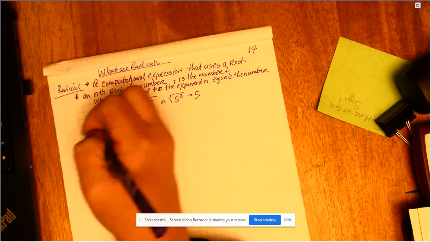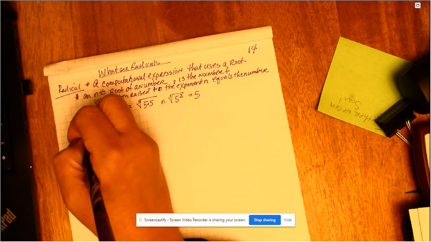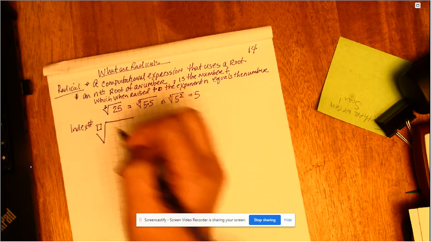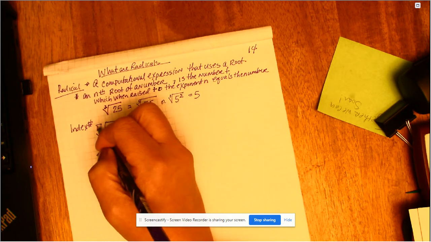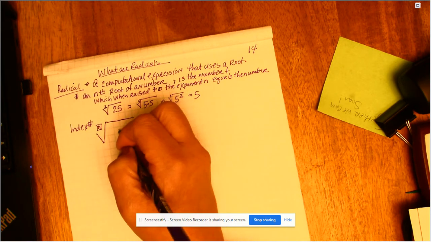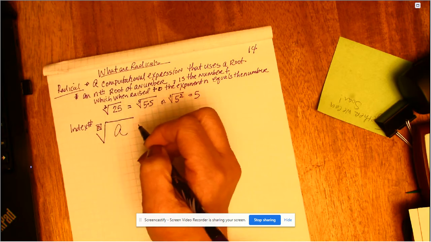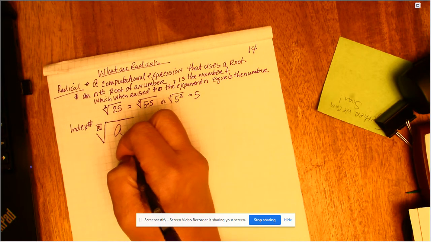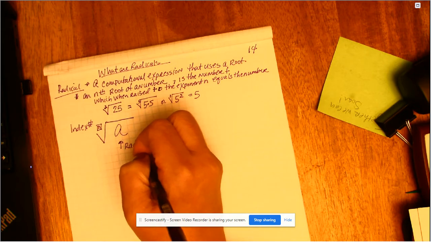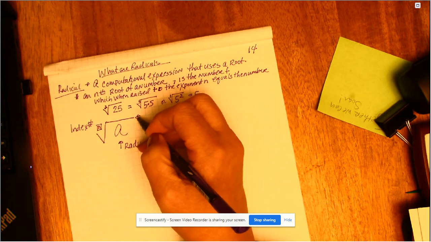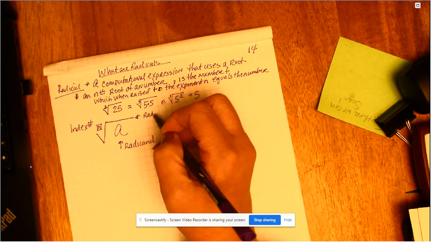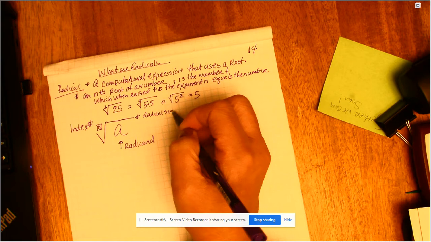Over here, we have what's known as the index number, and we can call this n. What's underneath, we're going to call this letter A. We call this the radicand. And this is the radical sign.